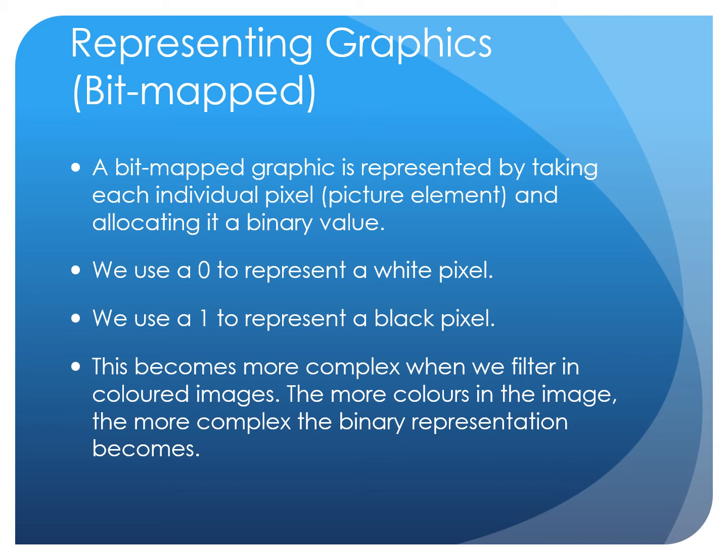This would determine the number of colours and shades of grey that can be represented by each pixel. Each pixel would therefore be more detailed. In this case, our overall graphic would be more detailed.